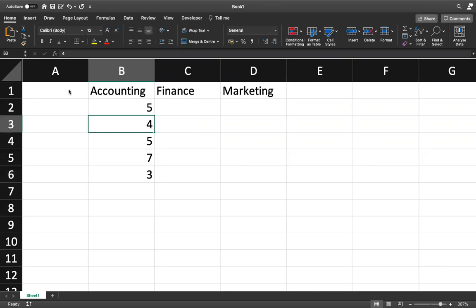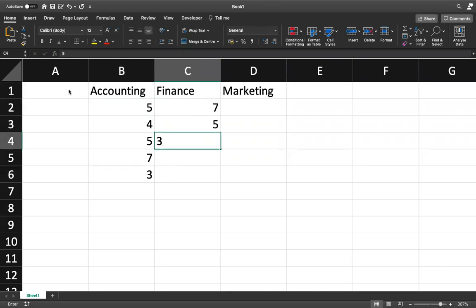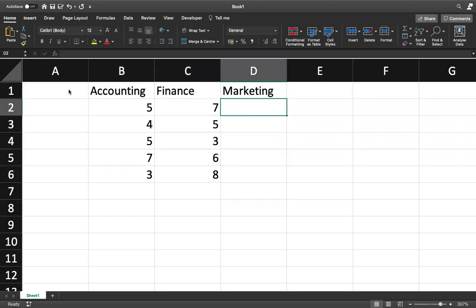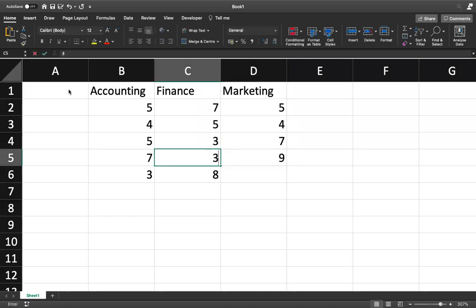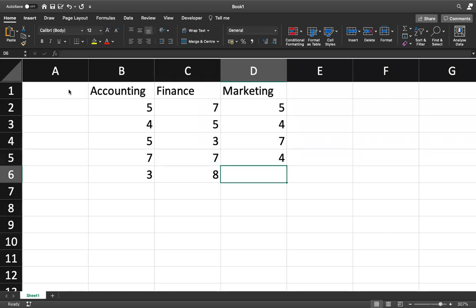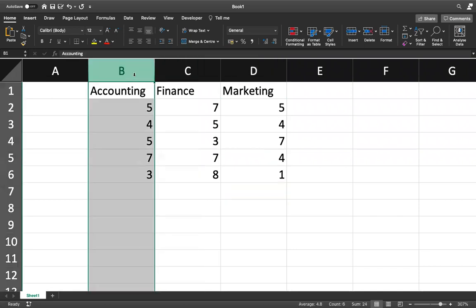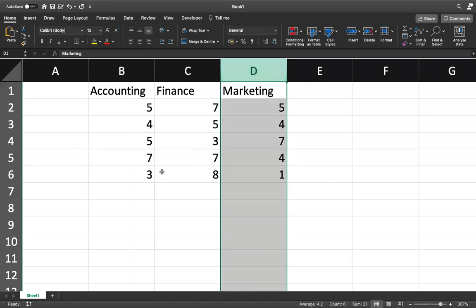I'm sorry if the scores are different, I randomly chose them. Now these are three distinct groups, like 5 students in accounting, 5 students in finance, and 5 students in marketing.